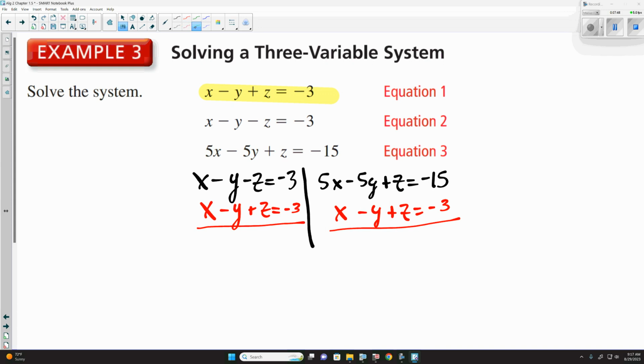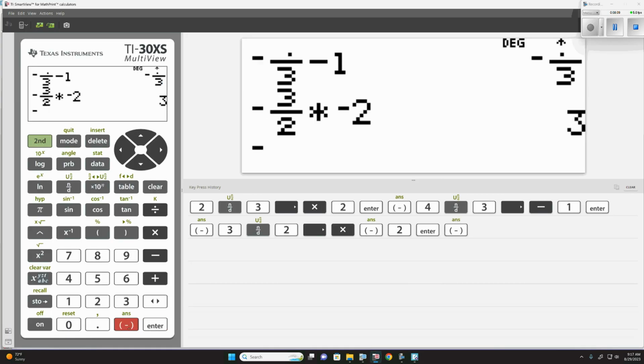Let's look at the one on the left first. Since we're wanting to eliminate z, will we add or subtract? Subtract. Negative z minus z. Negative 1 minus 1 is?